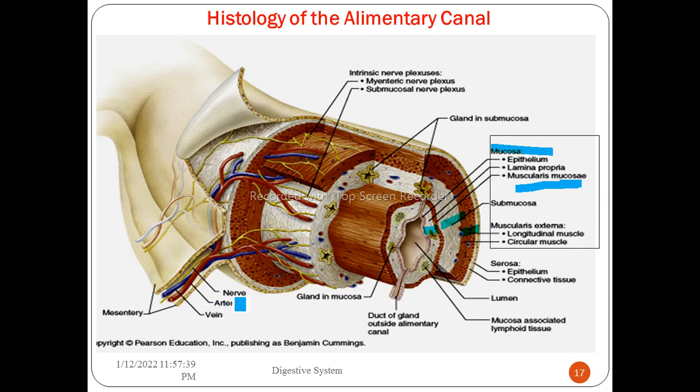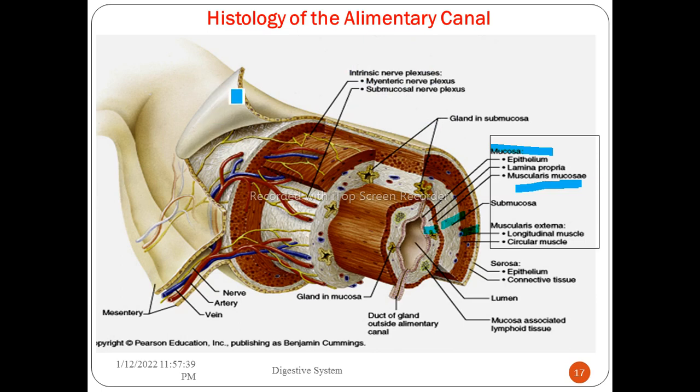The submucosa is a place where the network of nerves, arteries, and veins is found, and there are also two types of nerve plexuses: the mesenteric nerve plexus and the submucosal nerve plexus. The submucosal nerve plexus is found in the submucosa, whereas the mesenteric nerve plexus is found in the muscularis externa. These are considered the intrinsic nerve plexuses of the GIT.